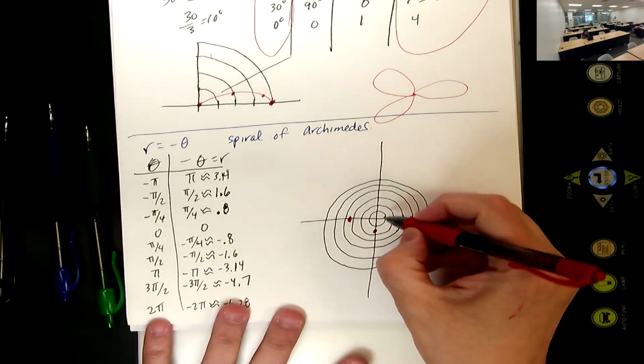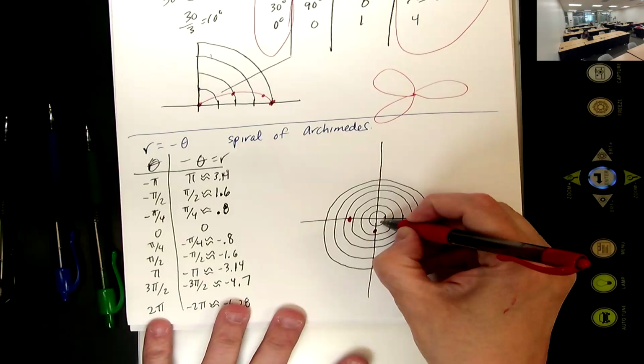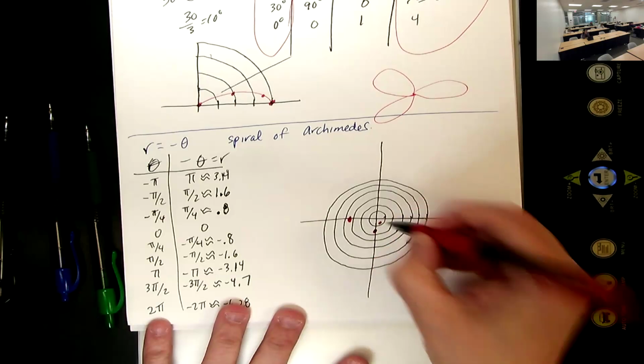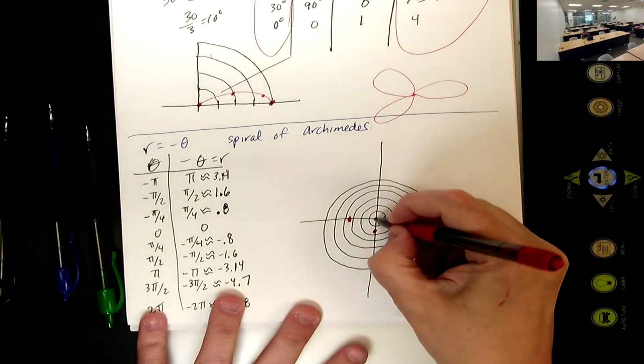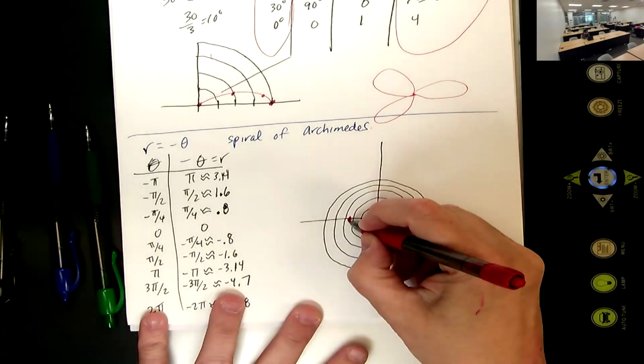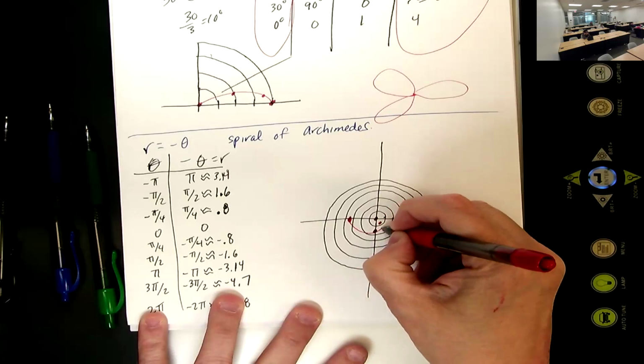Negative pi over 4 is less than 1, so it's right about there. And we get 0, 0 there.